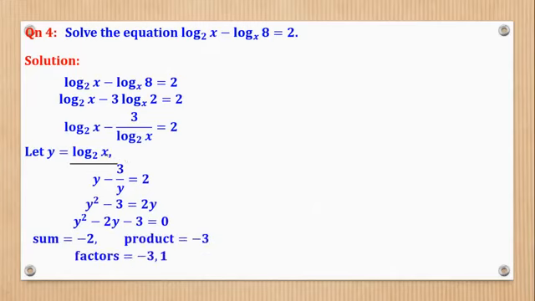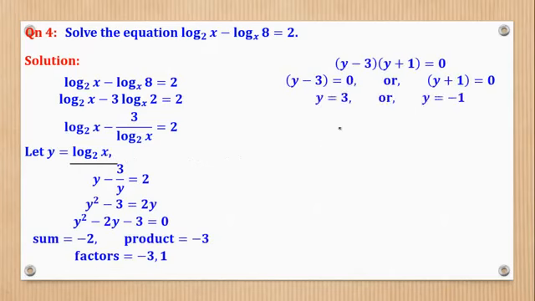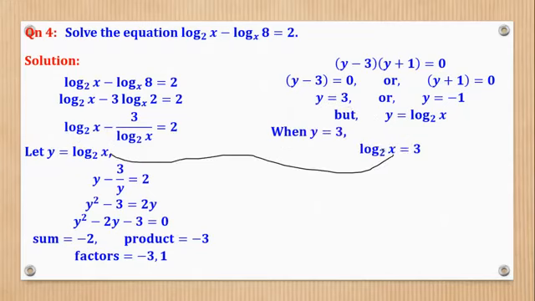I believe by now you know how to get the factors. So the values of y will be this and that. But we know that log of x base 2 is equal to y. So for each value of y, we shall be able to get the value of x. When y is 3, it means that this is equal to 3.